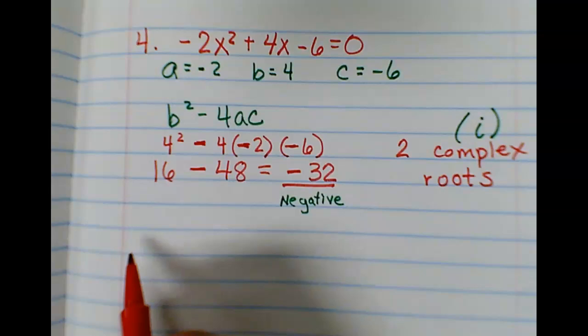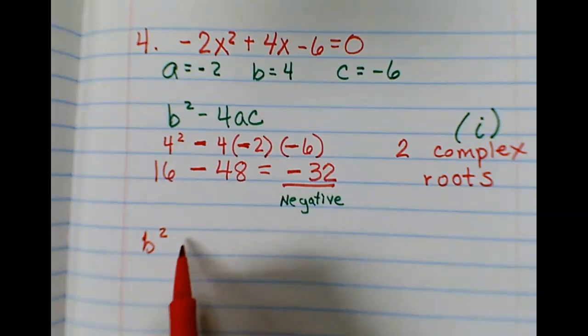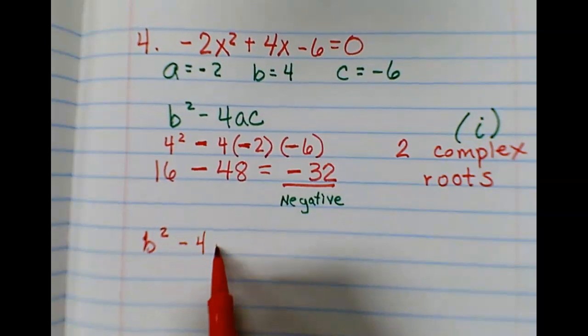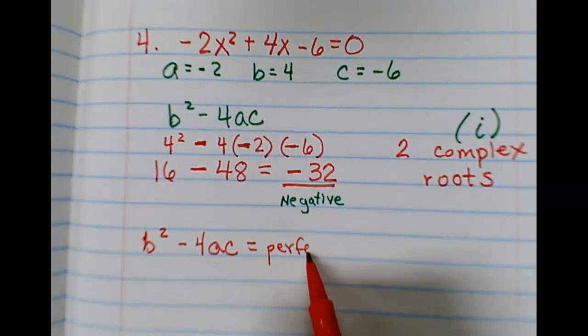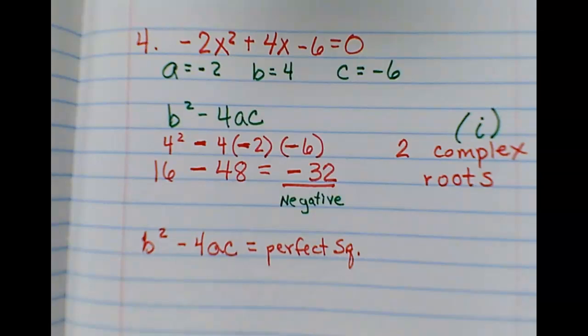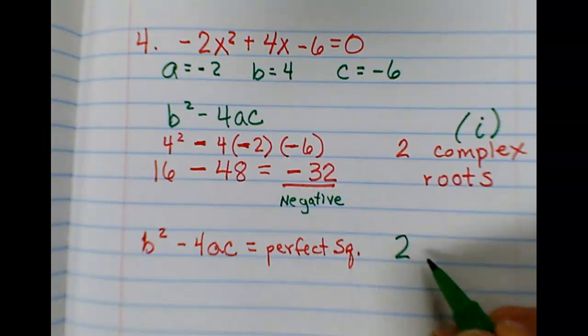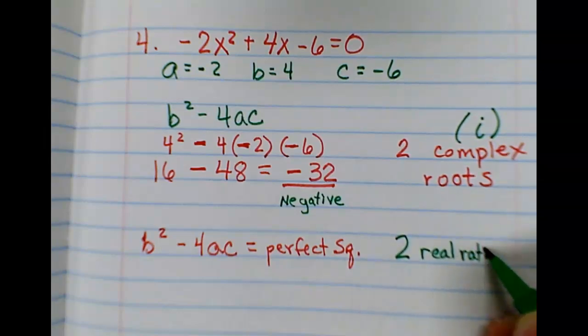Okay, for summary, if you have a B squared minus 4AC that's equal to a perfect square number, you will get 2 real, rational roots.